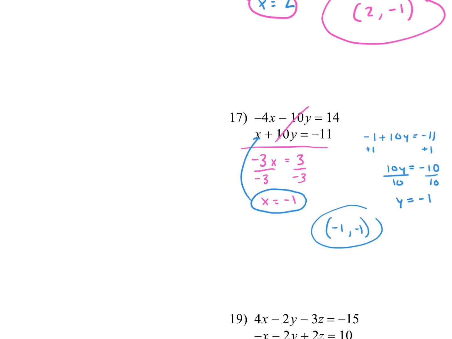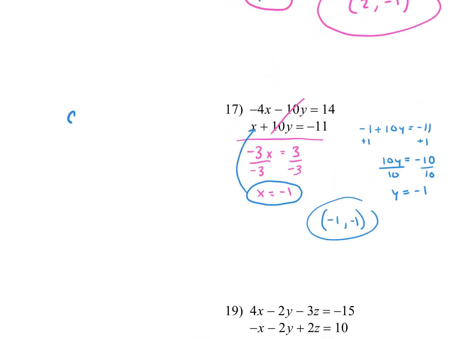So just a reminder, what happens if you get 0 is equal to 0? What would your answer be? Infinitely many solutions. What happens if you get 0 is equal to a number that's not 0? No solution.